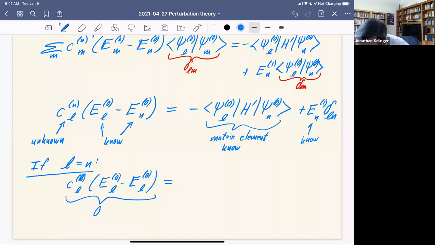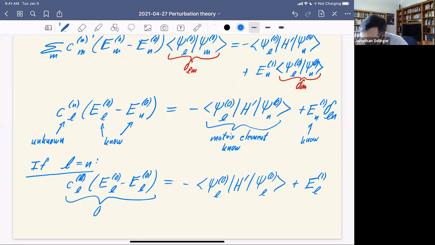So that's 0. And then over here, we have psi 0L, H prime, psi 0L, plus E1L. Hey, look, this matches what we already found.